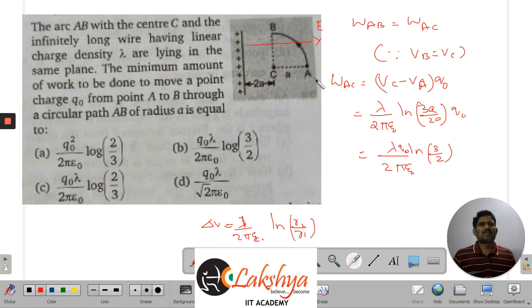You can easily identify this when displacing the particle from A to C. The electric force is acting like this, so the external force should be towards the wire, in the direction of displacement. So the work done by the external agent is positive, and we write 3a by 2a. So this is lambda q by 2 pi epsilon naught into ln 3 by 2. That is this work done problem.